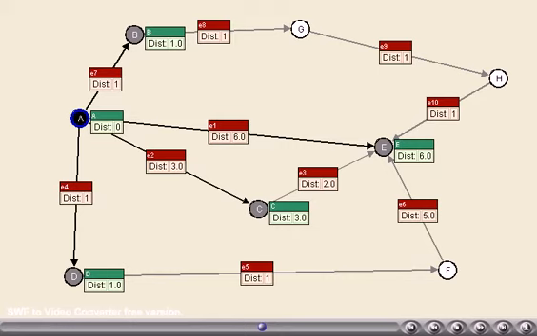If we verify the distances of them from A, B is 1, C is 3, E is 6, D is 1. Both B and D are of distance 1, so we can select any one of them in the next step. We will be selecting D in the next step. Now the vertex D is finalized, that is, its state is made as final.